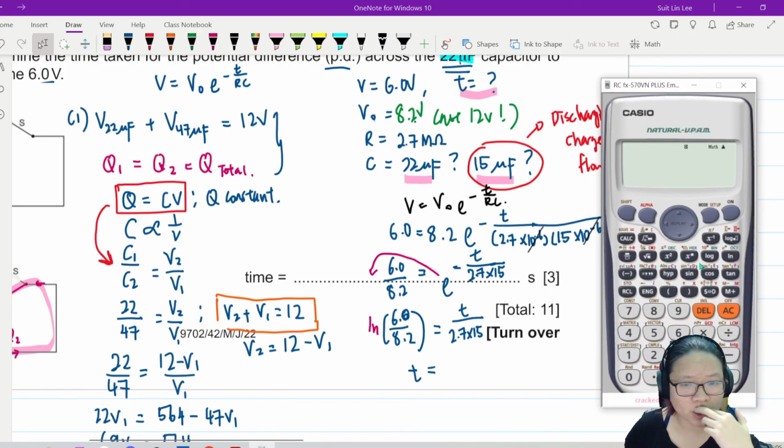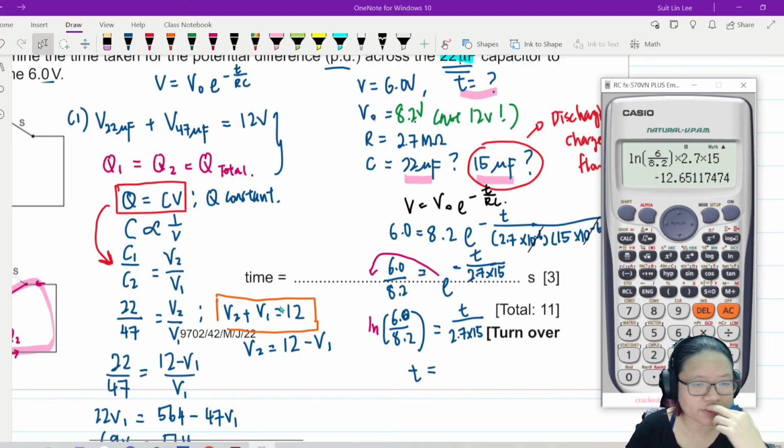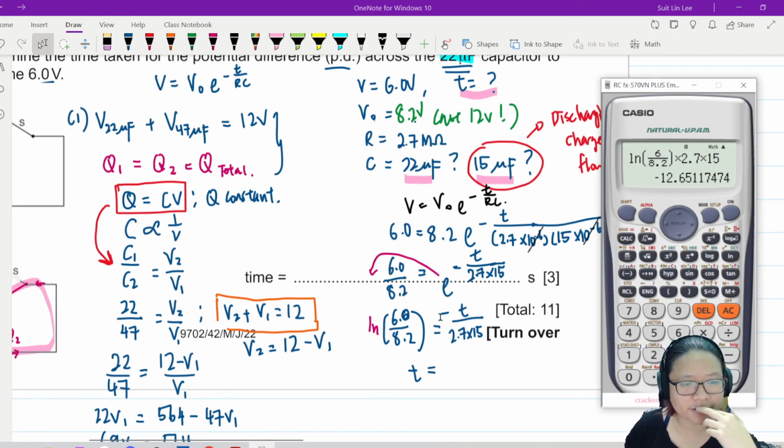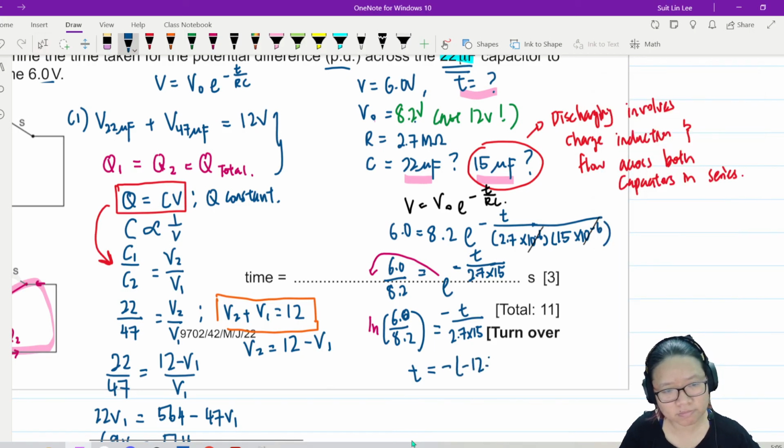So ln 6 over 8.2 times 2.7 times 15, the negative is 15. Lost the negative for a bit. So remember there's a negative here. So negative 12.7, which is 12.7 or 13 seconds.